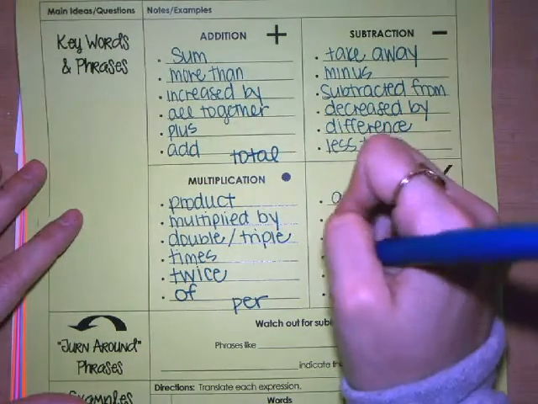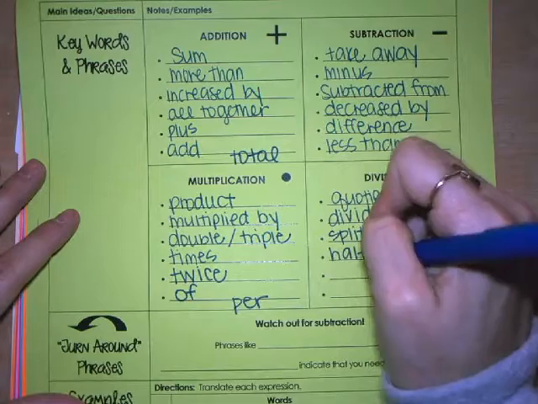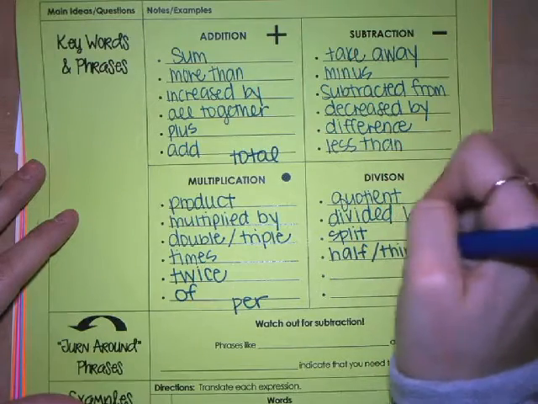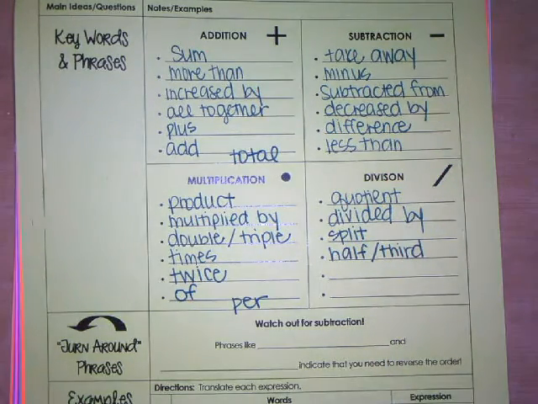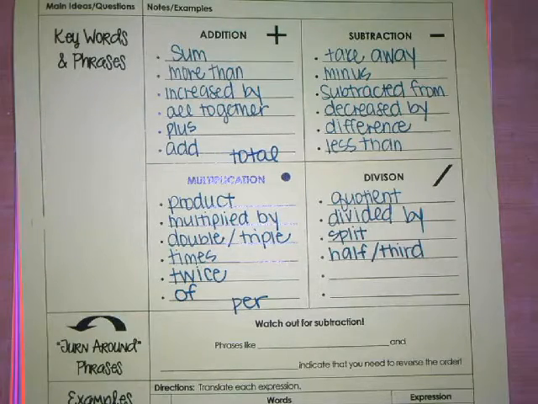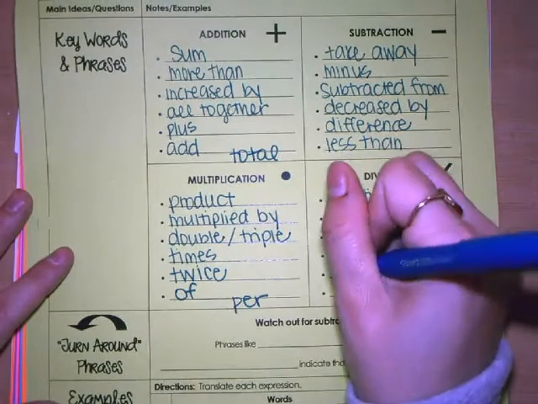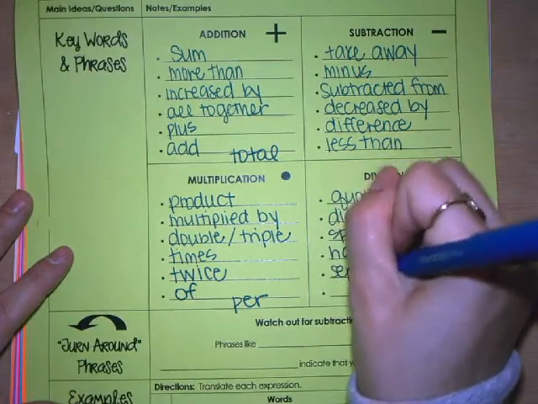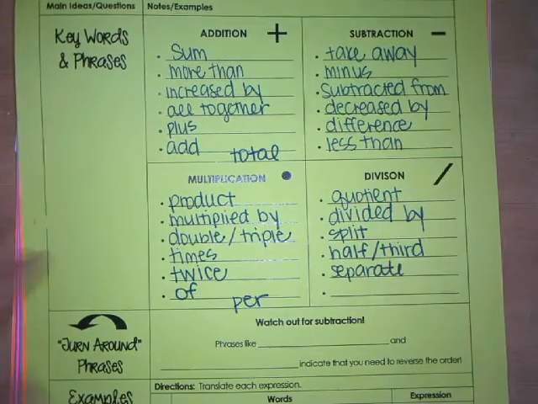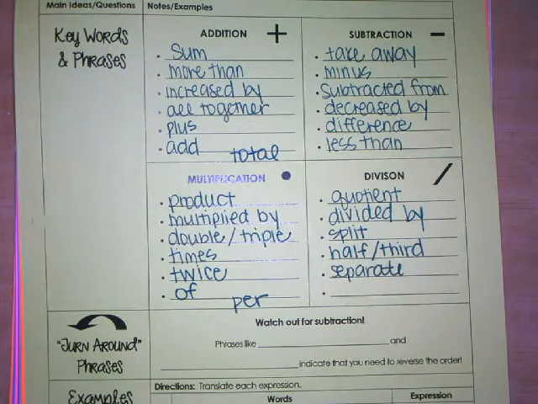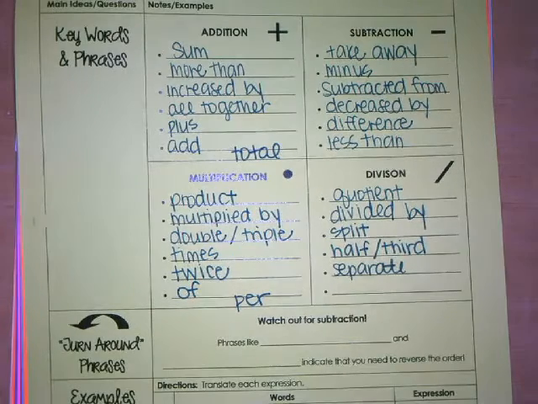Half. Which then means I could have a third, right? Half and third go together. I could also separate. Yeah, but you'd have to have that word divided there too, so we'll call it good. Alright, there's a good list, right guys?